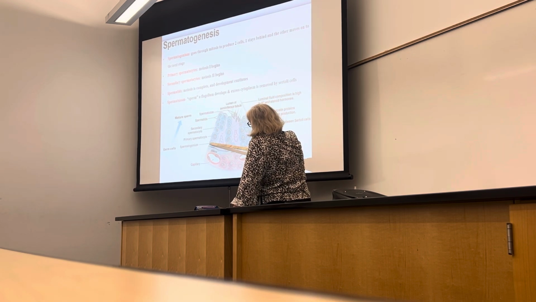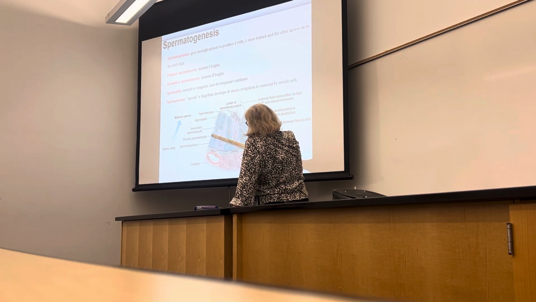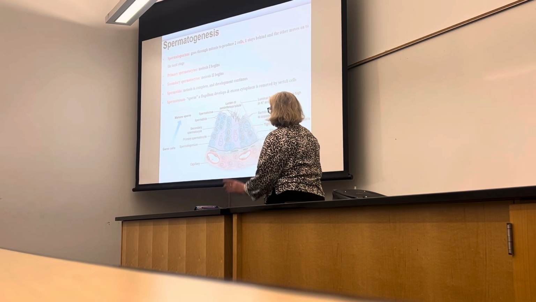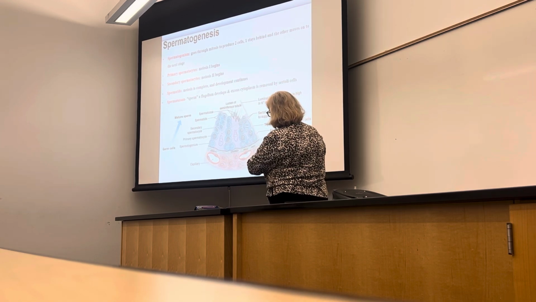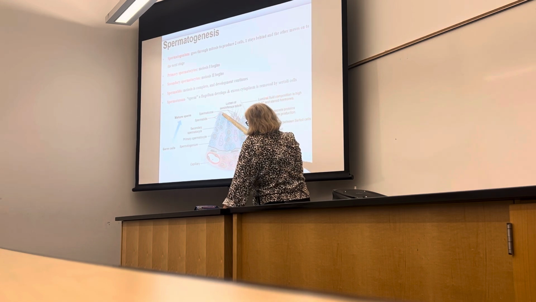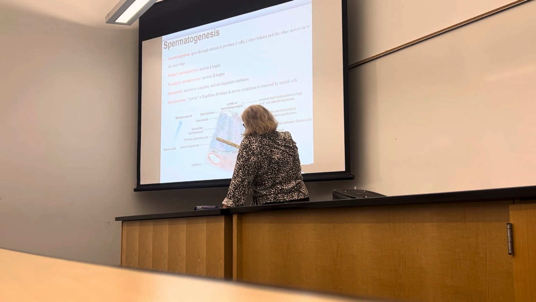Once they move on and differentiate into primary spermatocytes, this is when meiotic division begins. Remember, meiotic division is one DNA replication and two divisions, so we're going to end up with half of the chromosomes, right? Primary spermatocytes is meiosis 1.